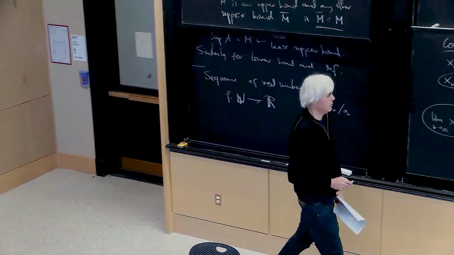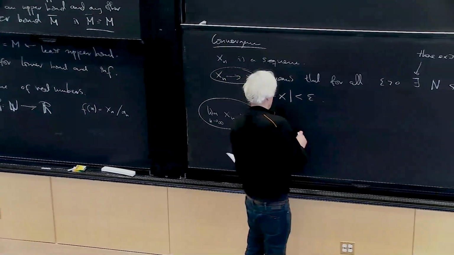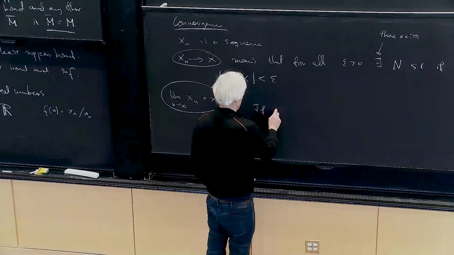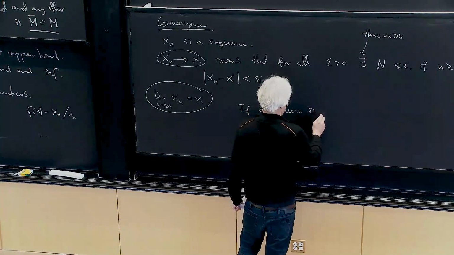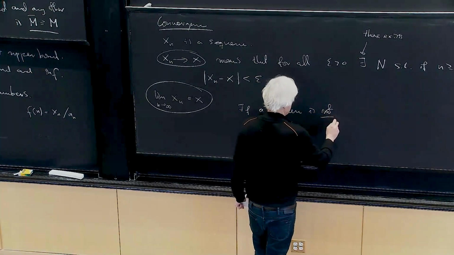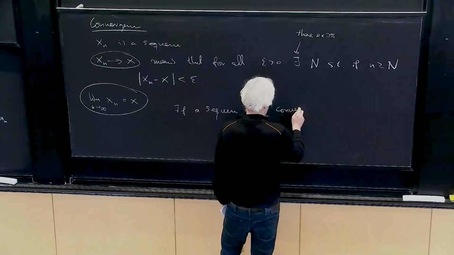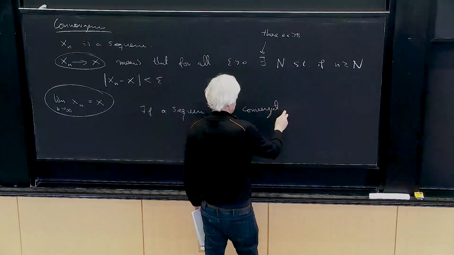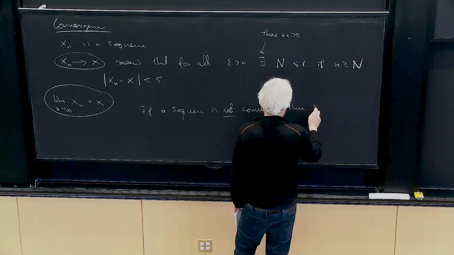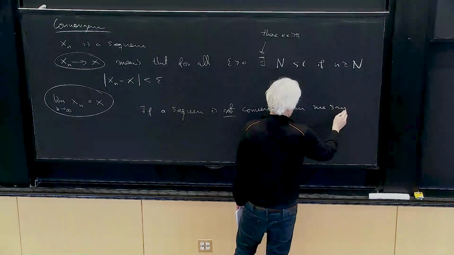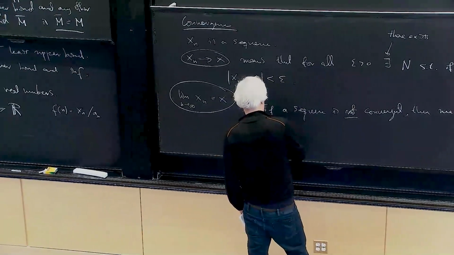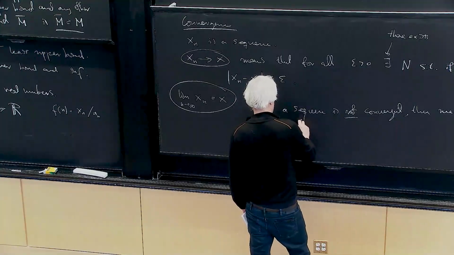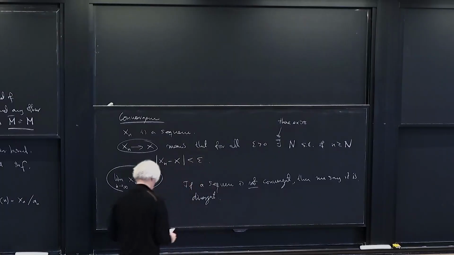And also, if a sequence is not convergent, then we say it is divergent. So a sequence is either convergent or it's divergent.